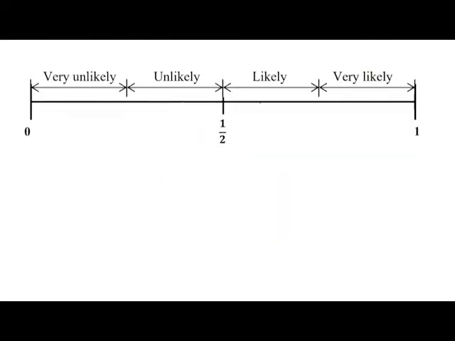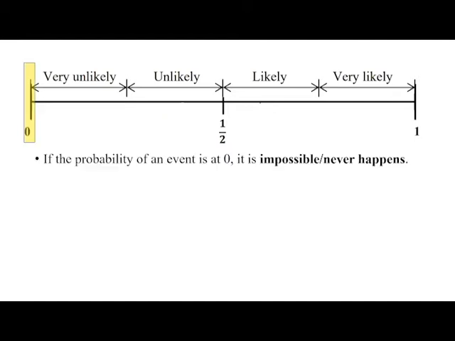Now, let us compare these fractions with a probability line. This is a probability line. And probability is always from 0 to 1, full chance. If the probability of an event is 0, it is impossible, never happens.